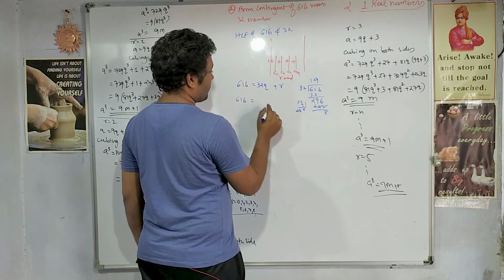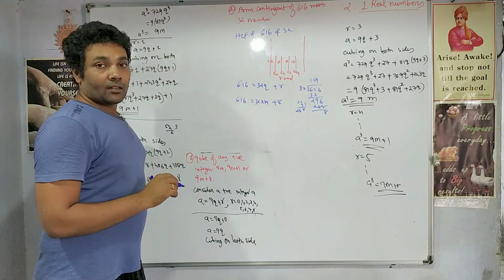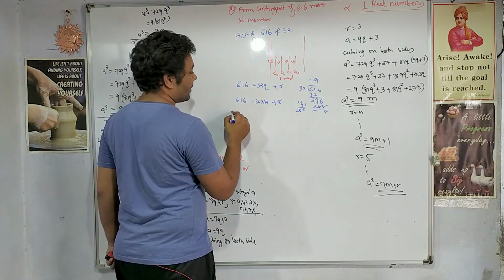So 32 into 19 plus 8, correct? Please recollect the method to find out the HCF.